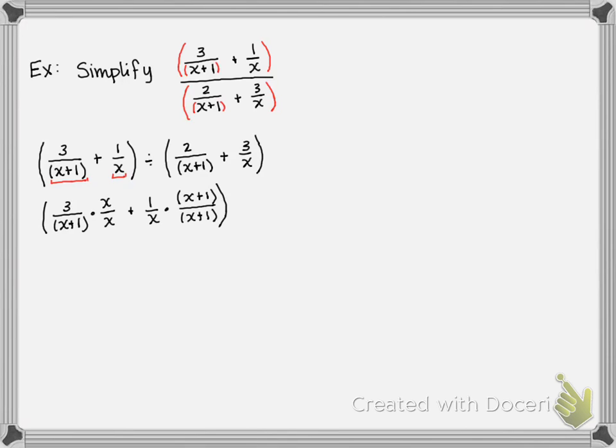So here we have 3x plus 1 times x plus 1 over x times x plus 1. So that's 3x plus x plus 1.